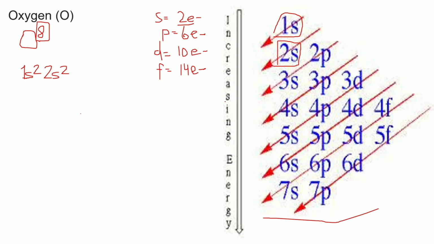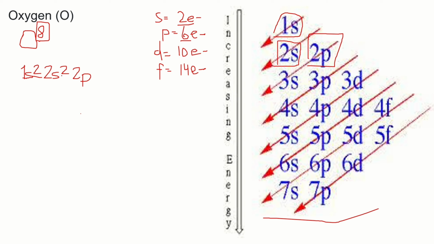Next, after 2s, let's have the 2p. The P sublevel can hold 6 electrons, but we only need how many electrons? 4 electrons, because we already have total of 4 electrons here. 2, then 2.